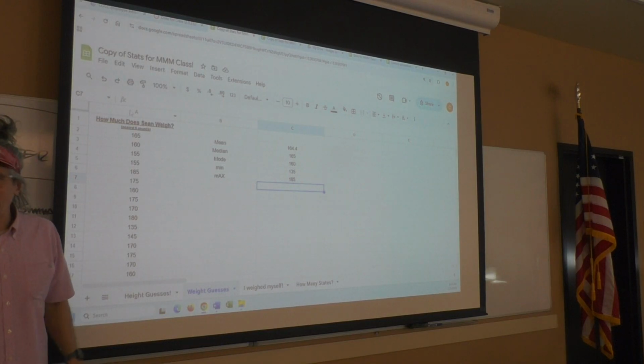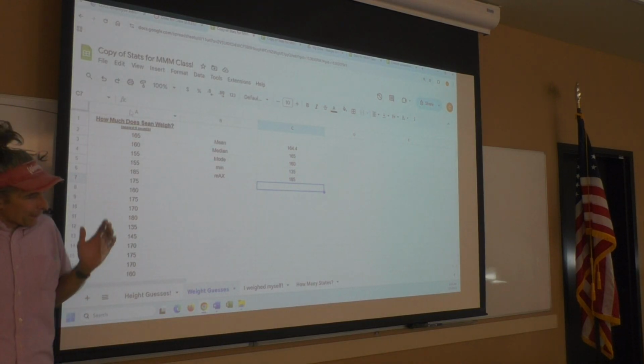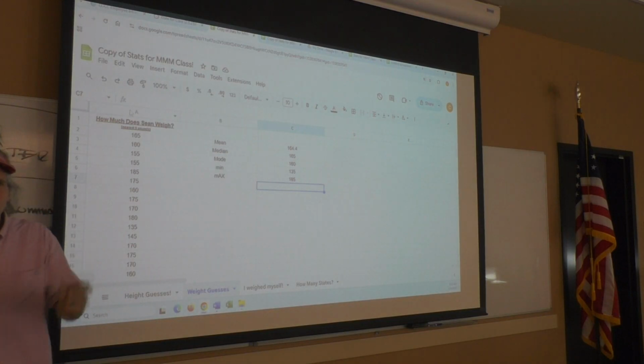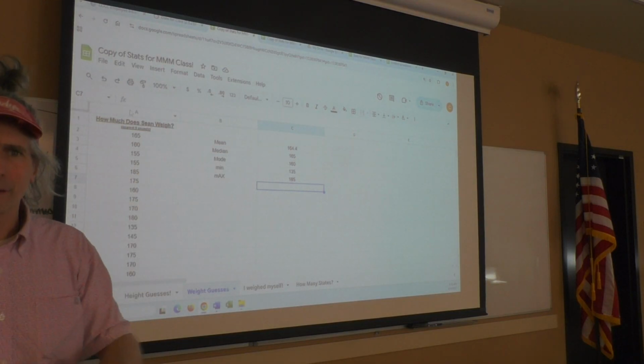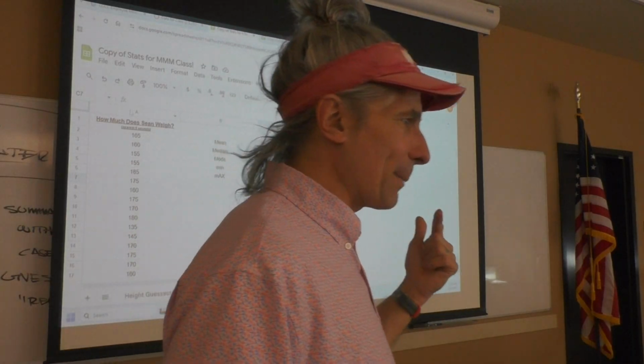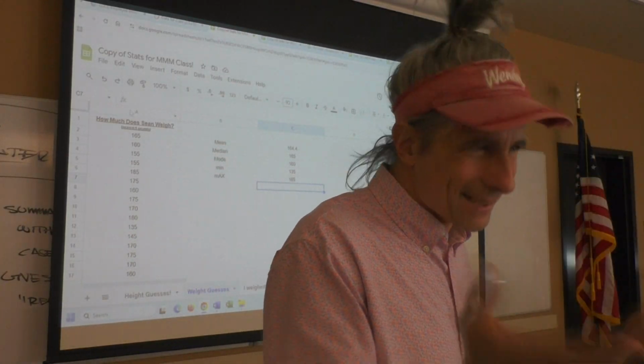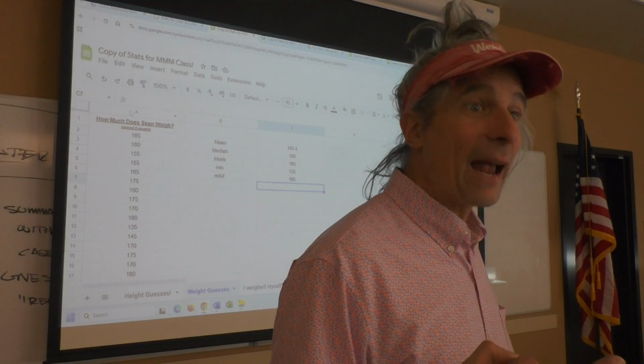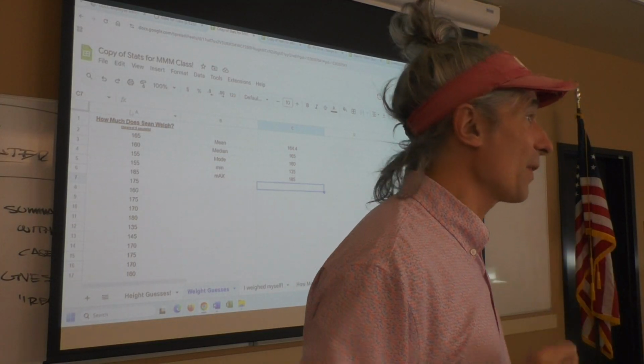Height is a little easier to calculate because it's a one-dimensional measurement. You're looking at my feet, you're looking at my head, and you're imagining a ruler. Weight is a three-dimensional measurement, and honestly, it's actually more than that.